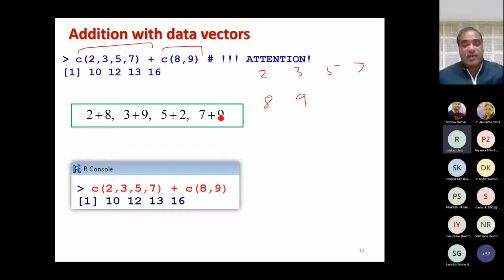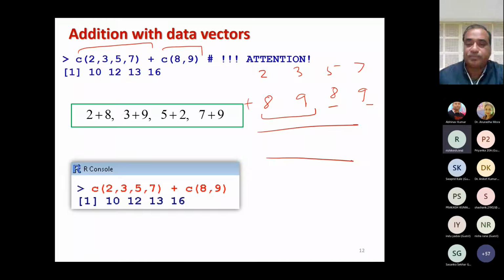Now, this second data vector has nothing more to offer. So what will happen? It will try to copy and paste the same thing here, 8 and 9, and then it will try to add. So you can see 2 plus 8 is 10, 3 plus 9 is 12, then 5 plus 8 is 13.